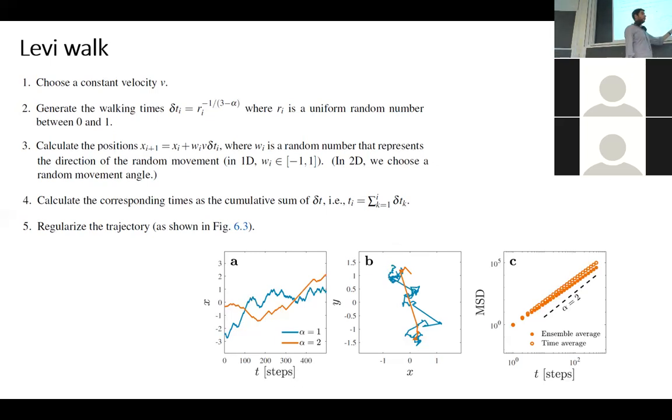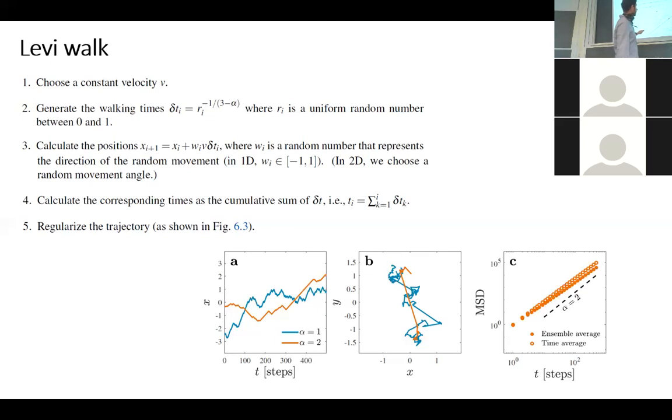You cannot just make a 2D trajectory of a Levy walk and take one component, the X component, and assume that it's a 1D Levy trajectory. It's not. Because here you can only have one velocity, up or down, the same. But here you can have different velocities because you may be going in different directions. So the motion is modeled differently in 1 dimension and 2 dimensions. It's kind of important.